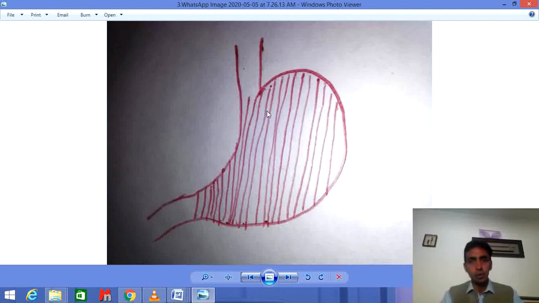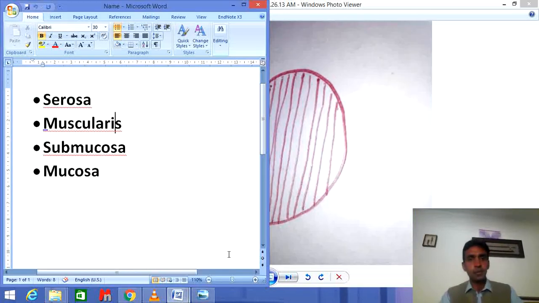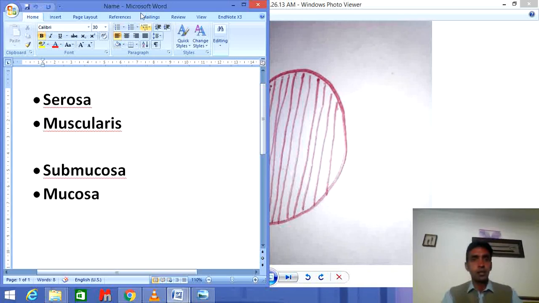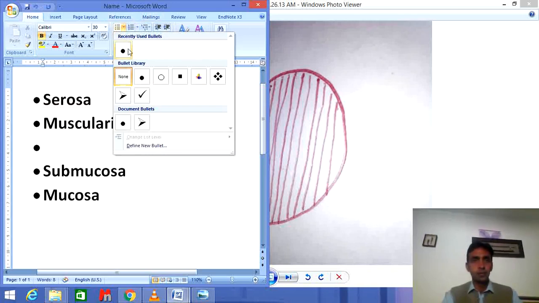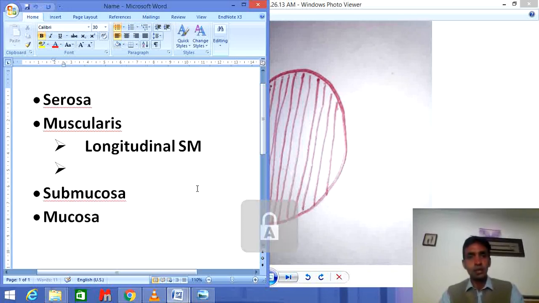The first type of smooth muscle is this one. This is the longitudinal smooth muscle. The muscularis is made up of longitudinal smooth muscle.